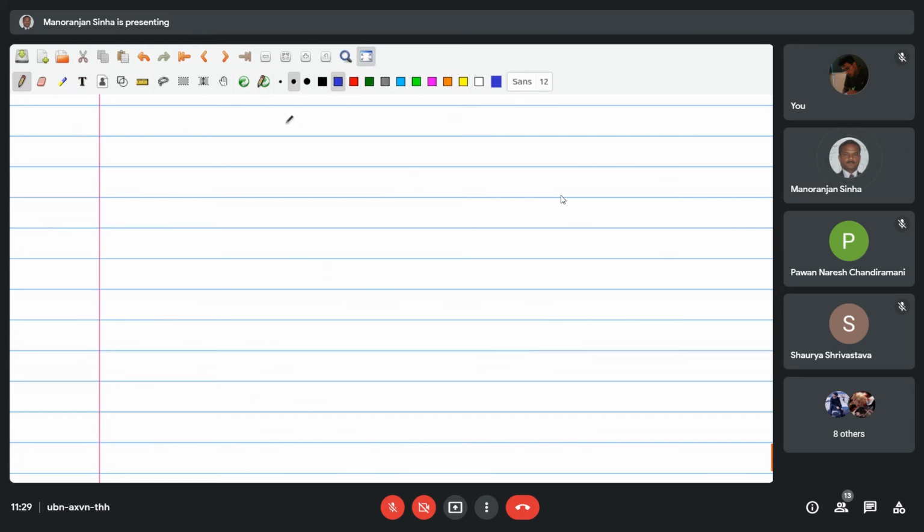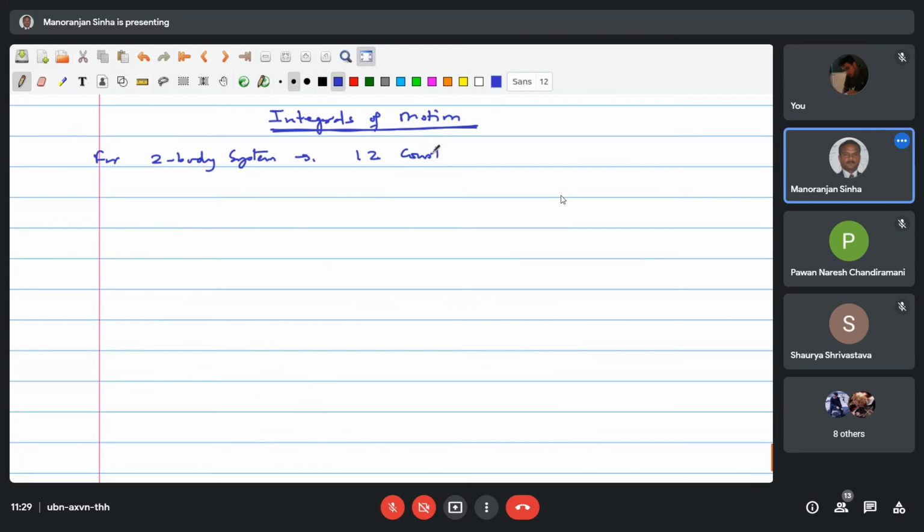Okay. So what we have been looking into, this is the integral of motion. So for two body system, we have total 12 constants involved.